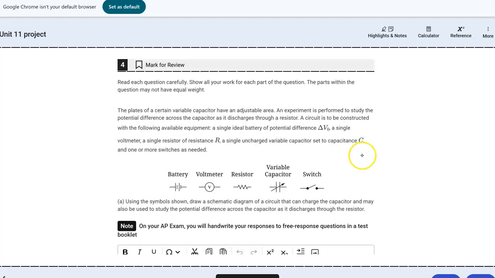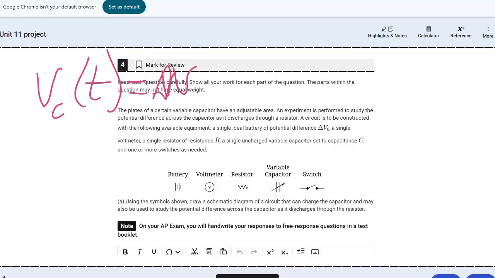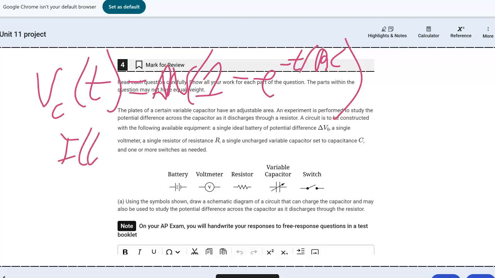So this is the fourth FRQ on the Unit 11 project. Let's get into it. We're going to need to know a few things. First, charging voltage, this equation. This is actually given to us, but it's important to know it. And then also our I of t.